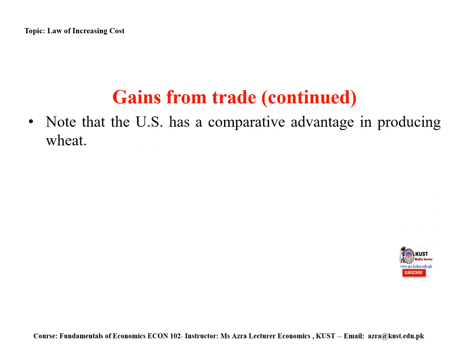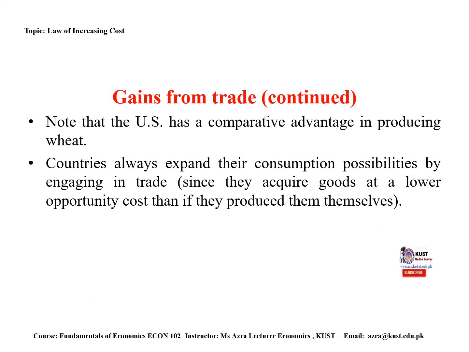Again, gains from trade. Note that the US has comparative advantage in producing wheat. If you remember our last slide's diagrammatic presentation, countries always expand their consumption possibilities by engaging in trade, since they acquire goods at a lower opportunity cost than if they produce them themselves.